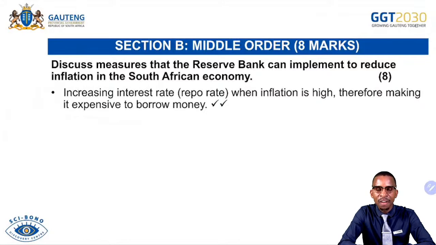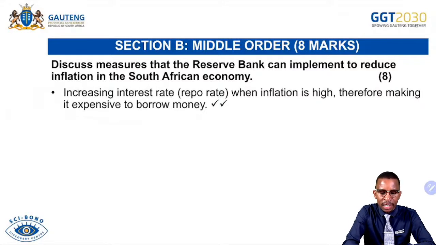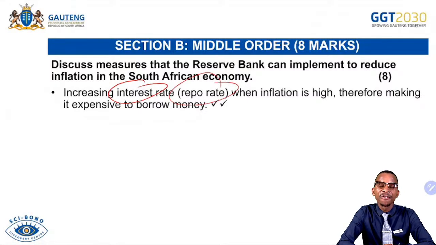So we know that if ever inflation is too high, the Reserve Bank can intervene by increasing the repo rate to ensure that commercial banks find it expensive to borrow money from the central bank, which will spill over to commercial banks' clients. As commercial banks find it expensive when they take a loan from the Reserve Bank, they will be paying more repo rate. Then commercial banks will also be charging high interest rates on their clients, such as the prime rate and other flexible interest rates.